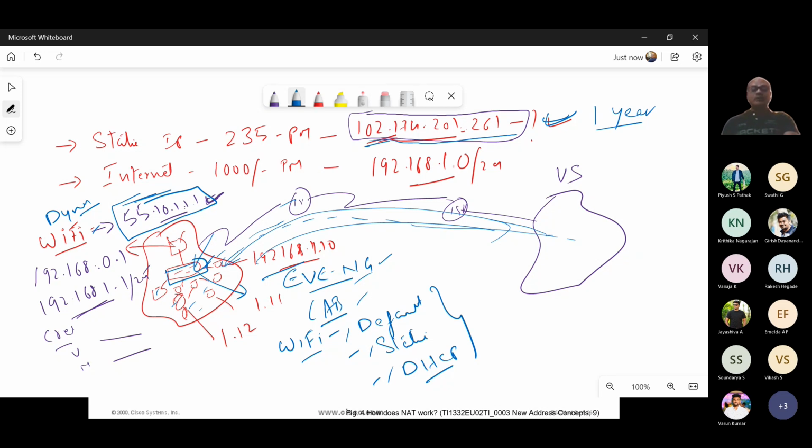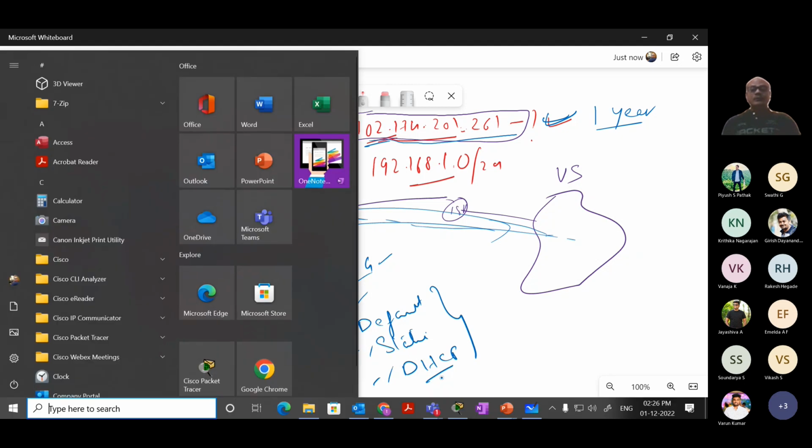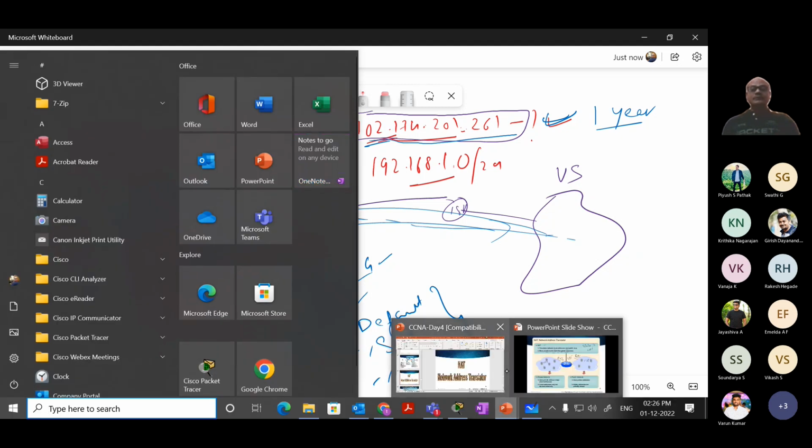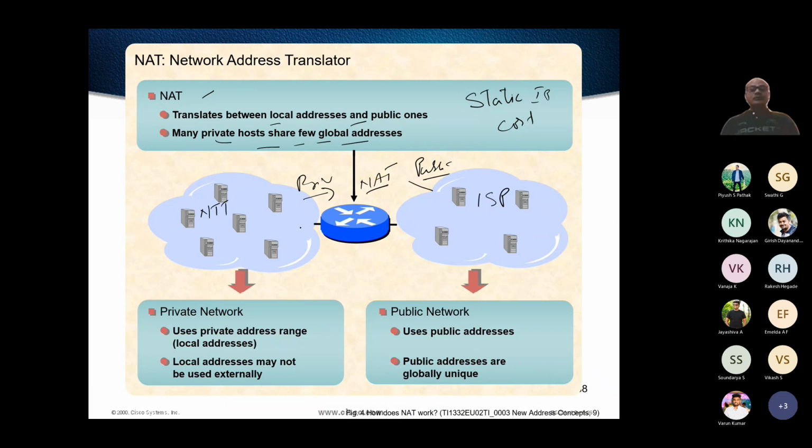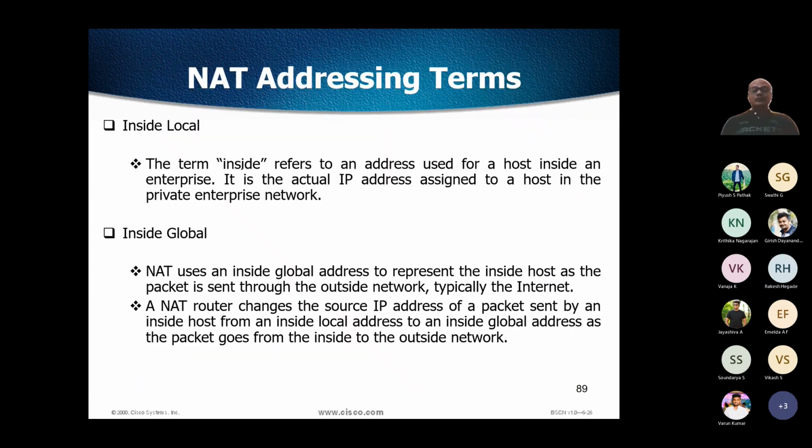Now, coming to the point, come back to your slides. This is how it translates your private IP address to your public IP. Before you jump to the lab, there are some terms we should understand, like inside local and inside global.